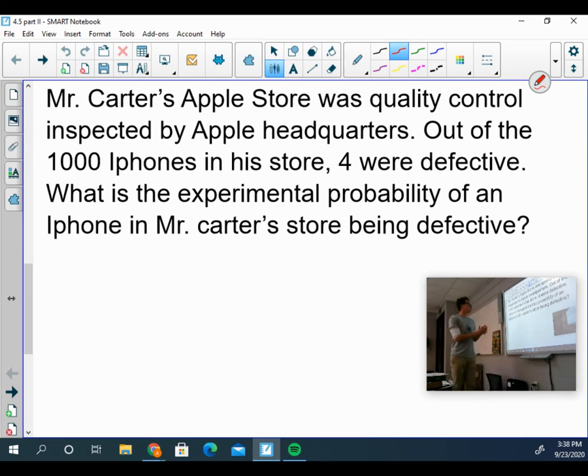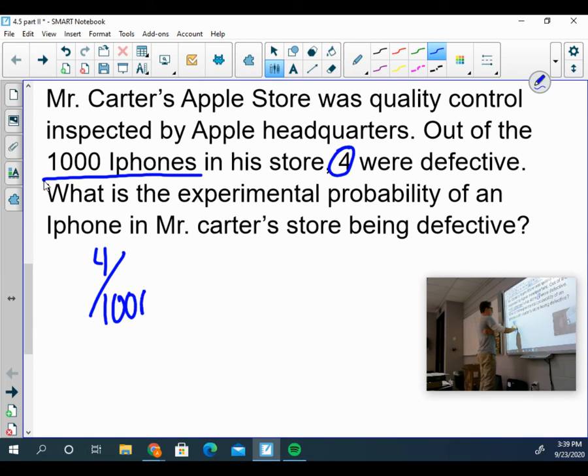Okay, so now we figured it out. You've taken time and gotten through it. We're going to come up with the experimental probability. Okay, well, it's the number of favorable outcomes versus the total amount of outcomes, total amount of possibilities. So if I'm quality control inspected and 1,000 iPhones are in my store and they find 4 to be defective, what I hope you came up with is 4 over 1,000 is the probability of an iPhone being defective.